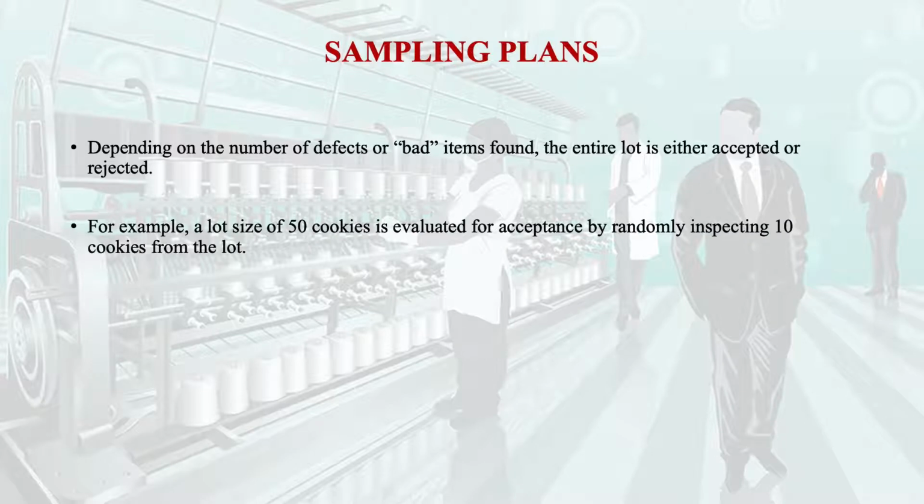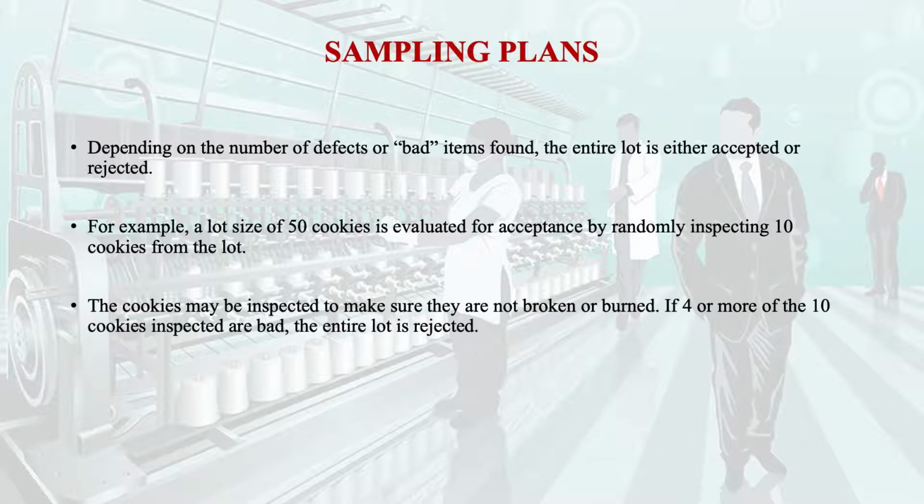For example, we take a very good example. We have a lot size of 50 cookies which is examined for acceptance by randomly inspecting 10 cookies from the lot. The cookies may be inspected to make sure they are not broken or burned.